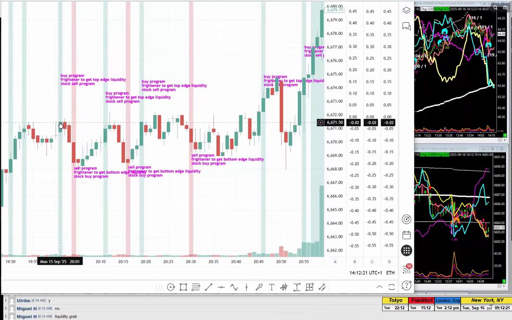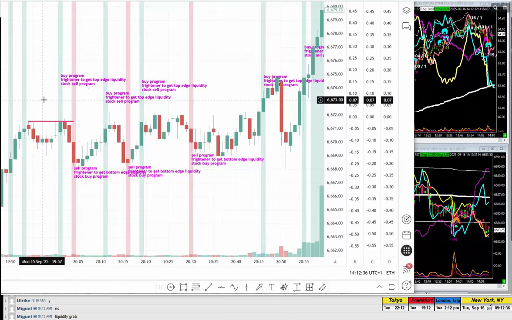So if it didn't have any follow-through, what does that mean? Well, it could be grabbing, or attempting to grab, some liquidity because we've got a nice pivot price to the left-hand side. So it could be a liquidity grab just there, couldn't it? It's very difficult to read that and say it's not a grab of liquidity.